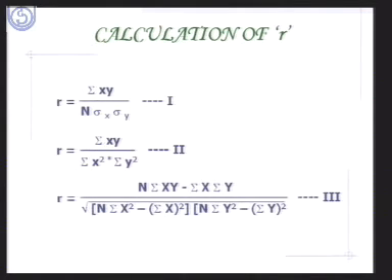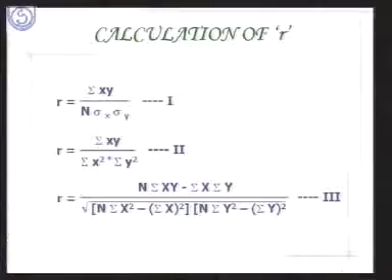As you know from basic statistics, when we write small x and small y, that shows the deviations, that is, deviations of a score from its own mean, as you will see further how it can be calculated. The second equation also uses small x and y, which is unfortunately written as capital. And in the third formula, everything is capital, which means we are using the raw scores.